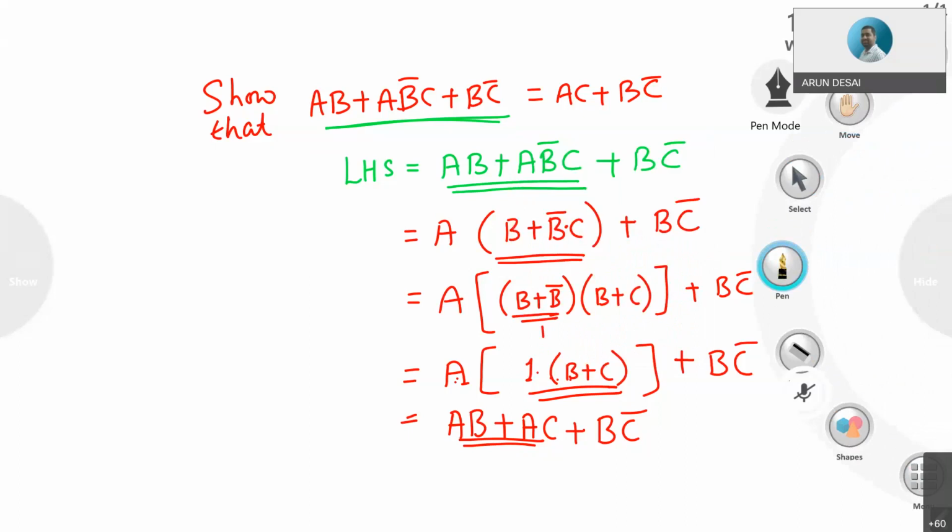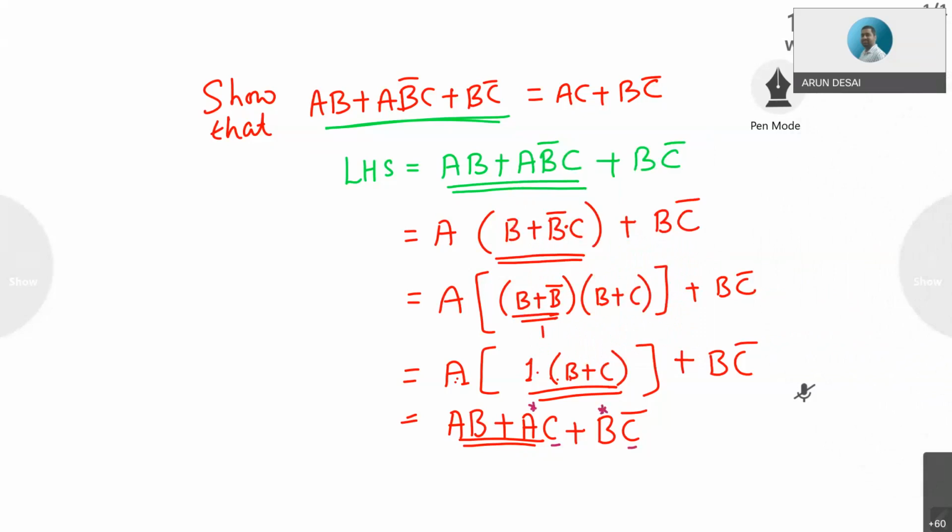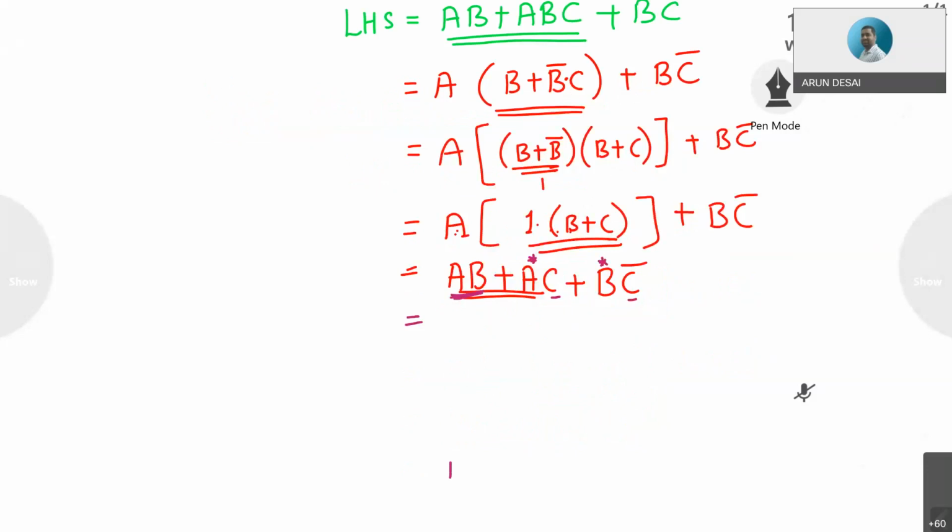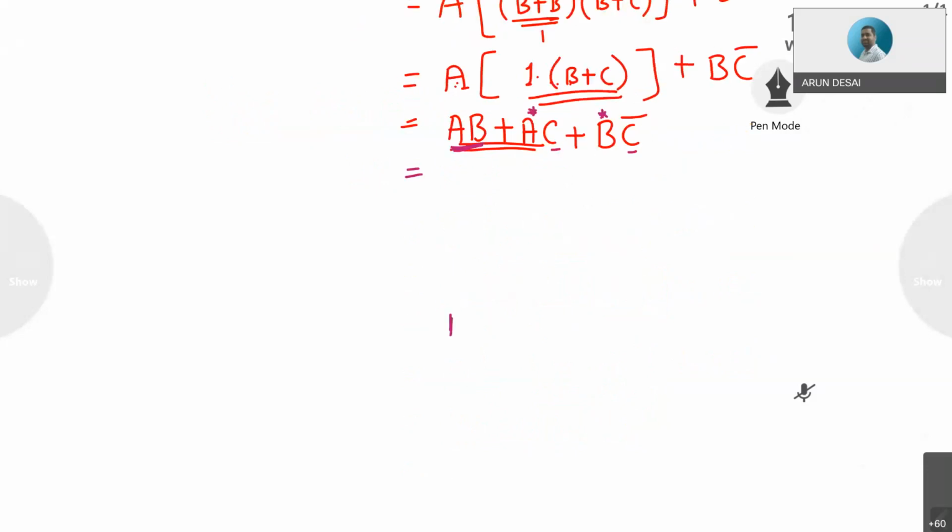Since C is common, from A and B there is a term present in this expression. That means I need to add something into this, and that is C plus C complement, right?